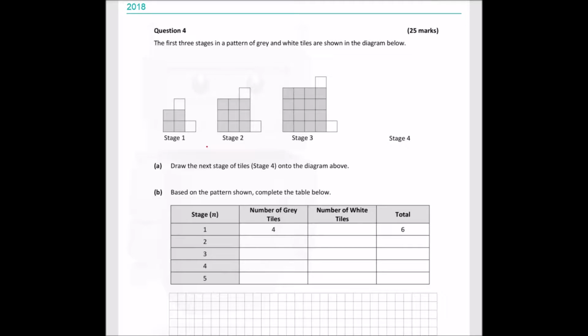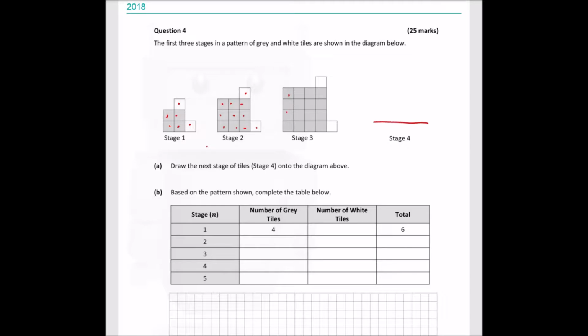Okay, so if we see the pattern, there's 4 grey, 1, 2, 3, 4, and then 2 white. Then there's 9, so 3 and 3, and 2, and then 4 and 4.